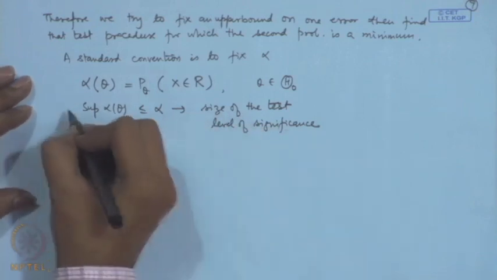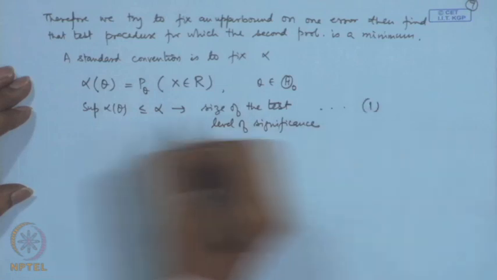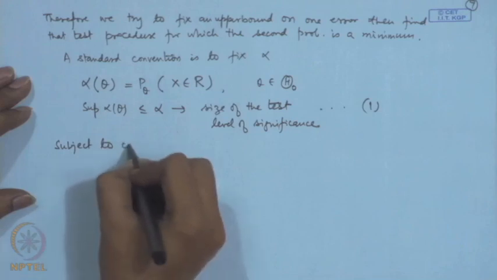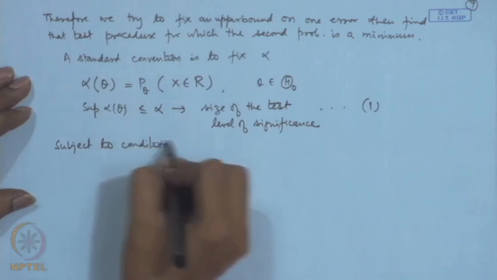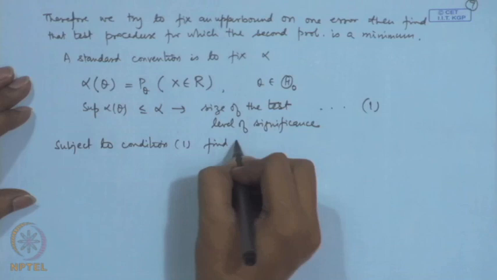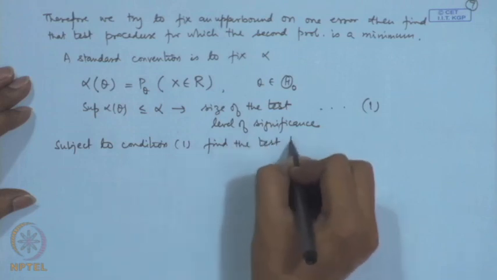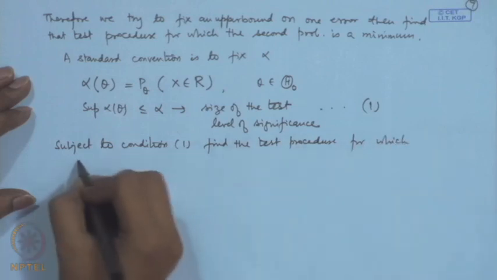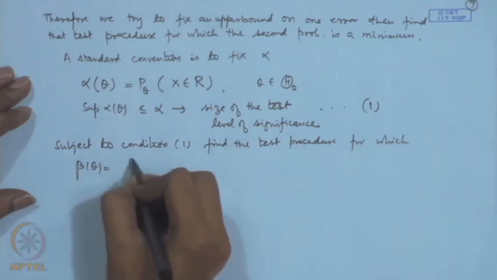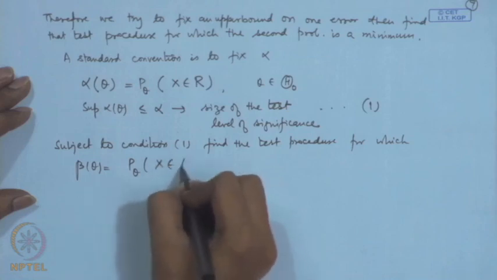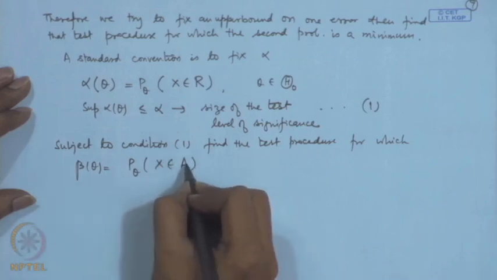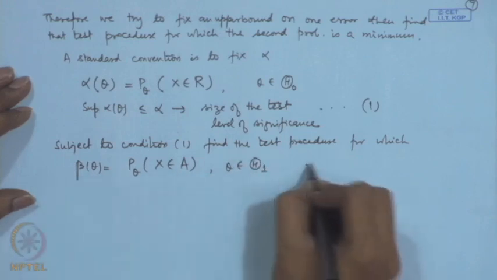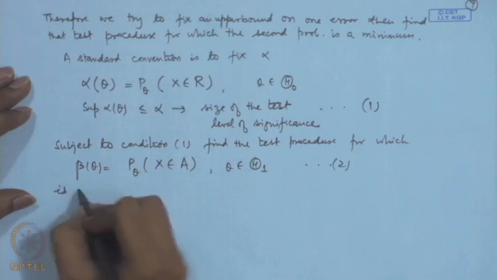So, let us put this as condition 1. Then subject to condition 1, find the test procedure for which beta theta, that is equal to the probability of x belonging to the acceptance region, that is accepting H naught when it is false, is minimized.